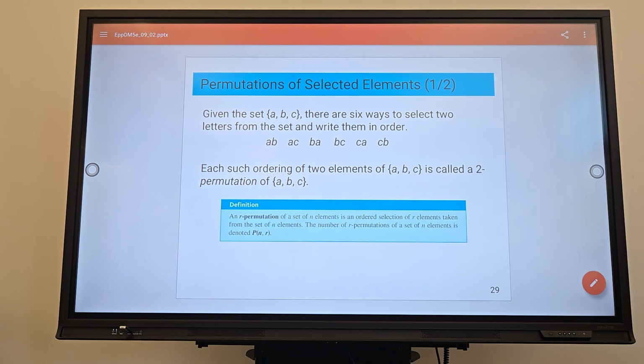Each such ordering of 2 elements is called a 2-permutation. An r-permutation of a set of n elements is an ordered selection of r elements taken from the set of n elements. The number of r-permutations of a set of n elements is denoted P of n and r.